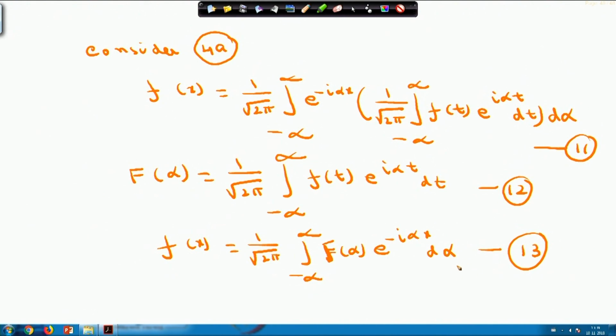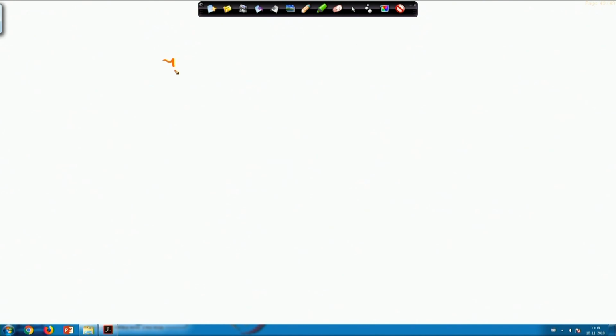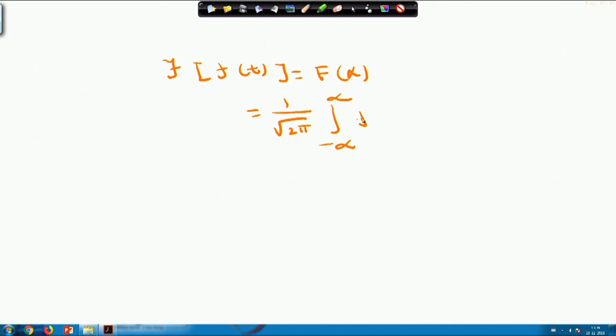Effectively, equations 9 and 10 can be used to find the Fourier transform and inverse Fourier transform of the function, and for 12 and 13, let me write it again. The Fourier transform of f(t) equals F(alpha), which is nothing but 1 by root 2 pi, integral from minus infinity to infinity of f(t) e to the power i alpha t dt.